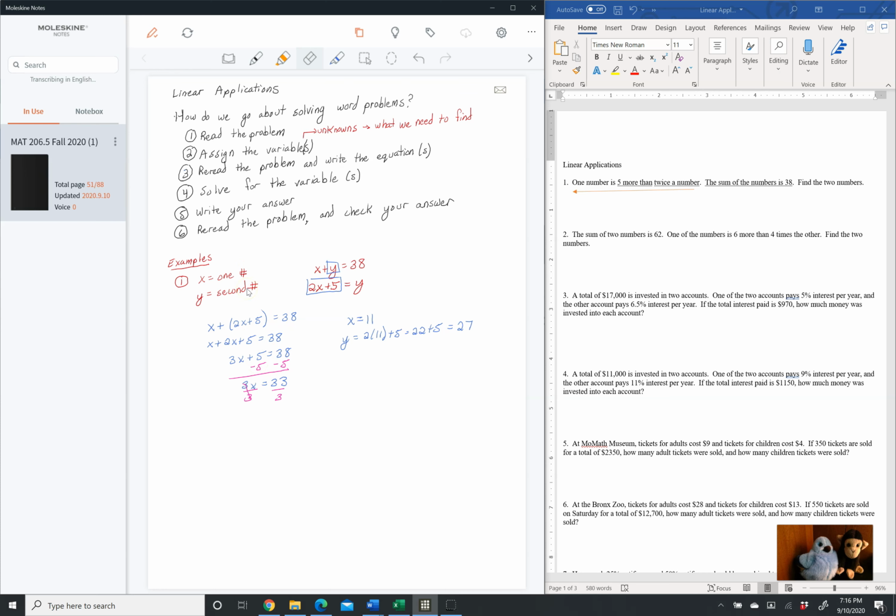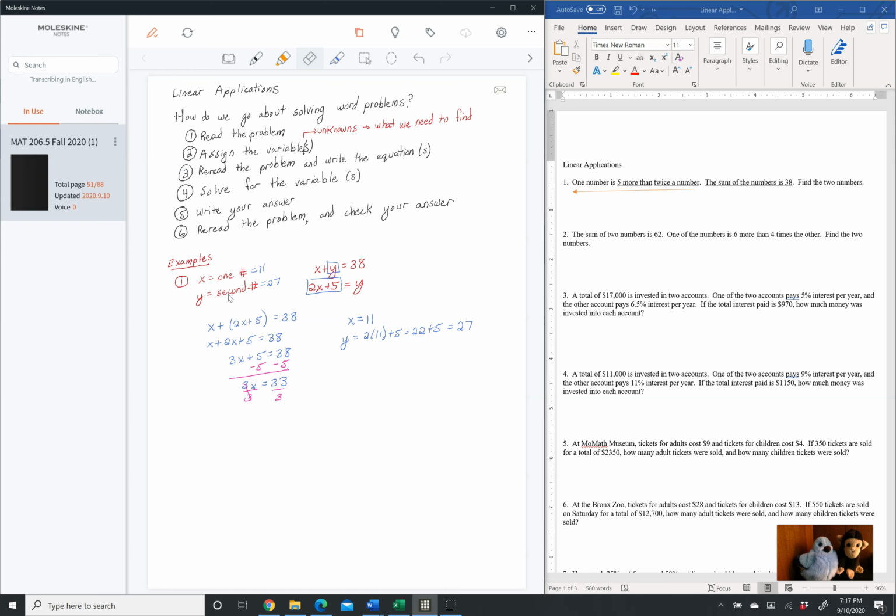There are two different ways to write your answer, okay? If you write this very clearly, you tell us what x and y are, then all you have to do is say, okay, x equals 11, y is equal to 27. And that's pretty clear. If you do not have a statement like this, in other words, nowhere in your answer do you say what x is and what y is, then you have to write out some sort of sentence.